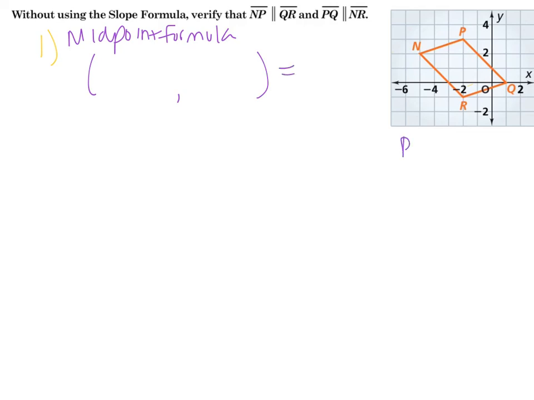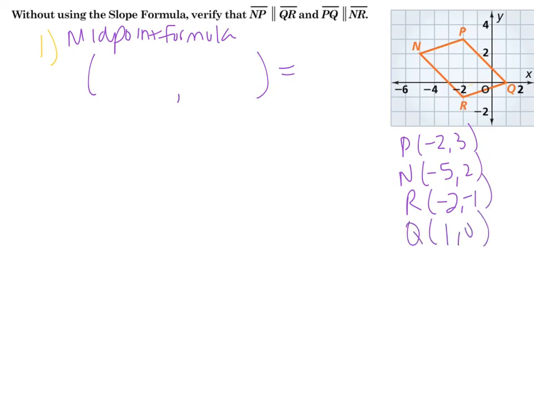P is at -2, 3. N is at -5, 2. R is at -2, -1. And Q is at 1, 0.